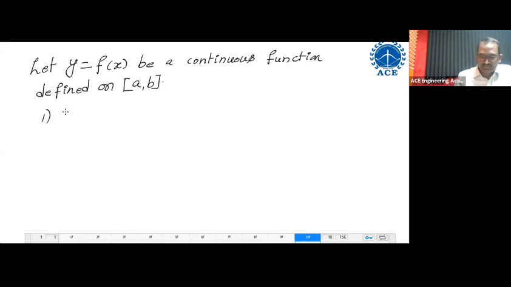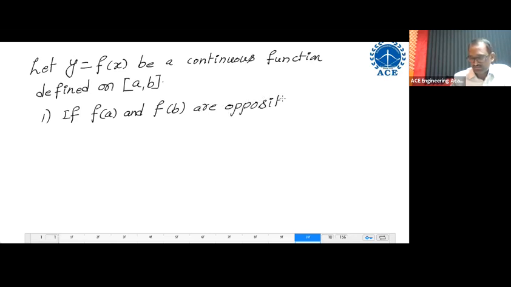First point: if f of a and f of b are of opposite signs, that is, f of a times f of b is less than 0.